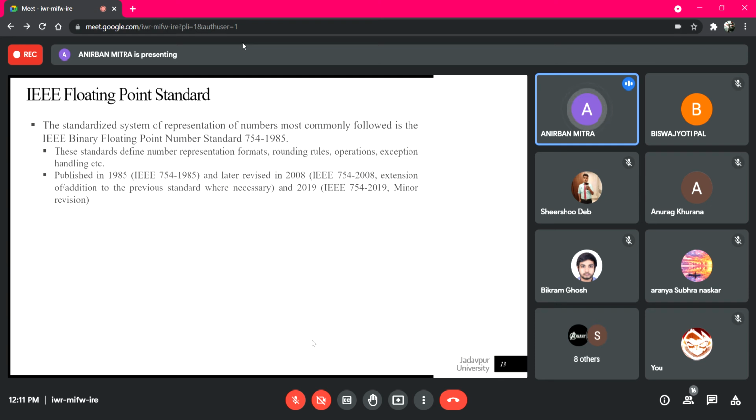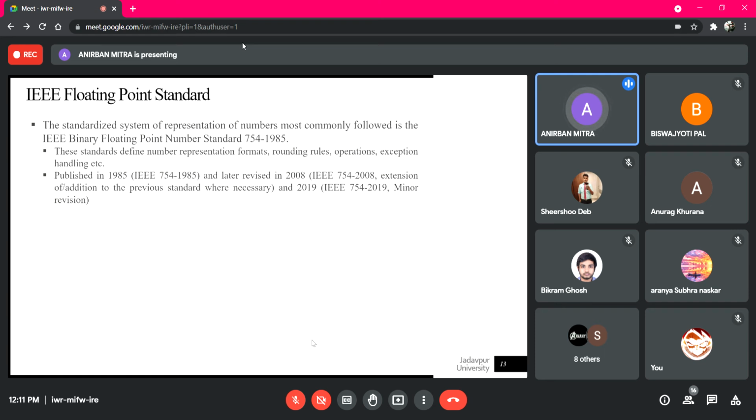So these were the formats that were introduced, and these standards were later revised in 2008 and also in 2019, but the main framework remains the same as published in the 1985 standard. In the later standards, only some minor revisions were done, but no major changes have come about.